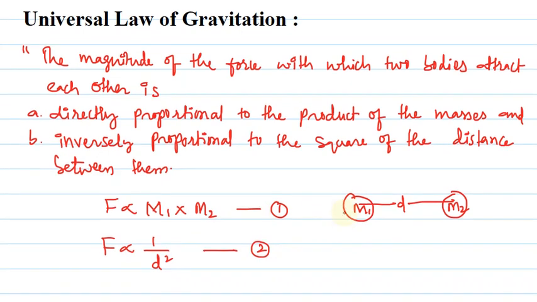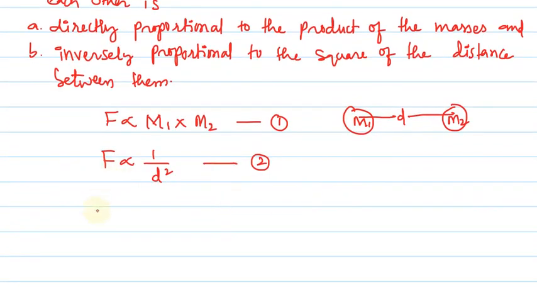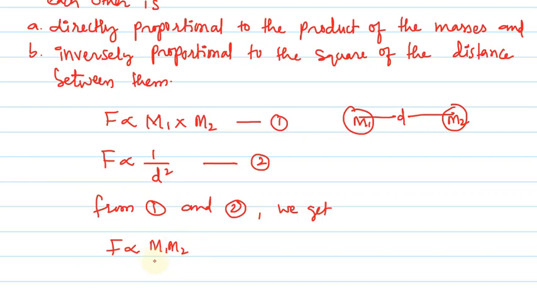Combining expressions 1 and 2, we get F is proportional to M1 M2 upon d square.